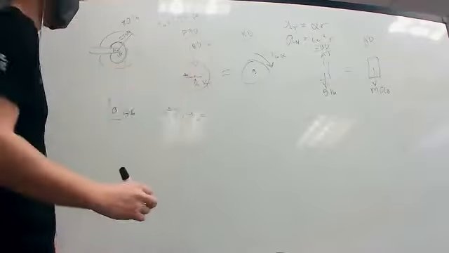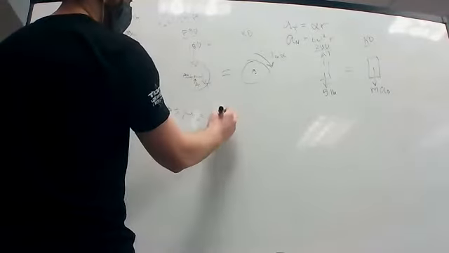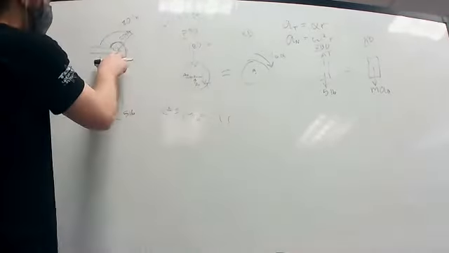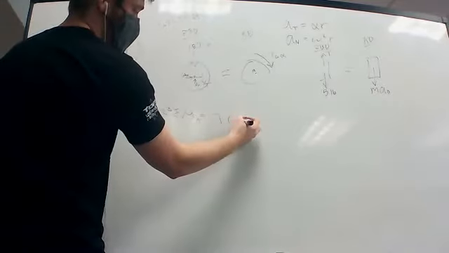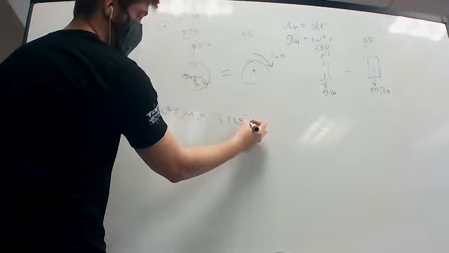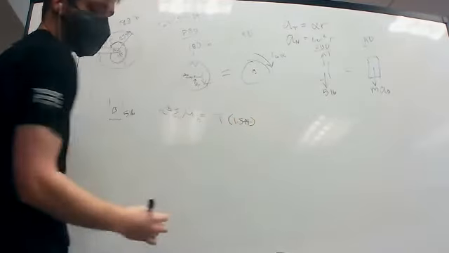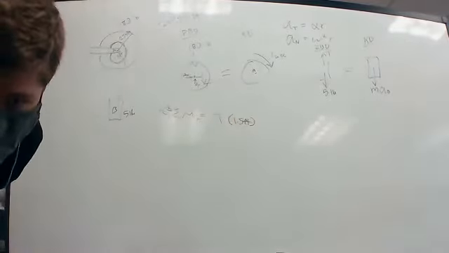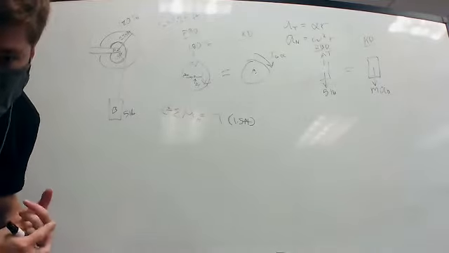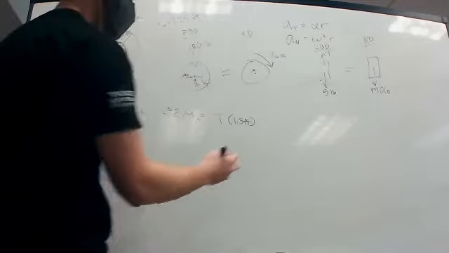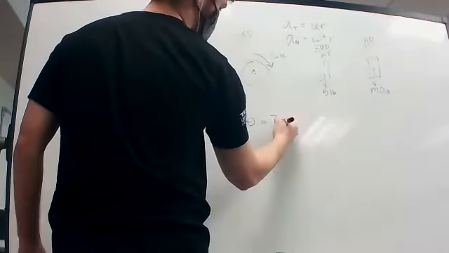So we're just going to have this equal to T times the distance from the center to where the cable is, which is 1.5 feet. And that is going to be equal to our IG alpha.